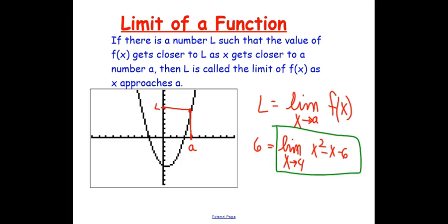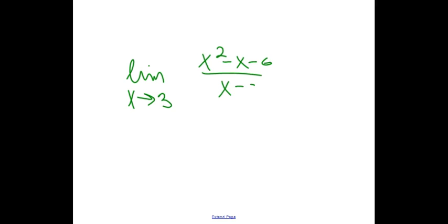That's the value it got closer and closer to. The one we just did with the denominator, we would say the limit as x approaches 3 of x squared minus x minus 6 over x minus 3 equals 5, which it got closer and closer to, even though when you plugged in 3, it was undefined.